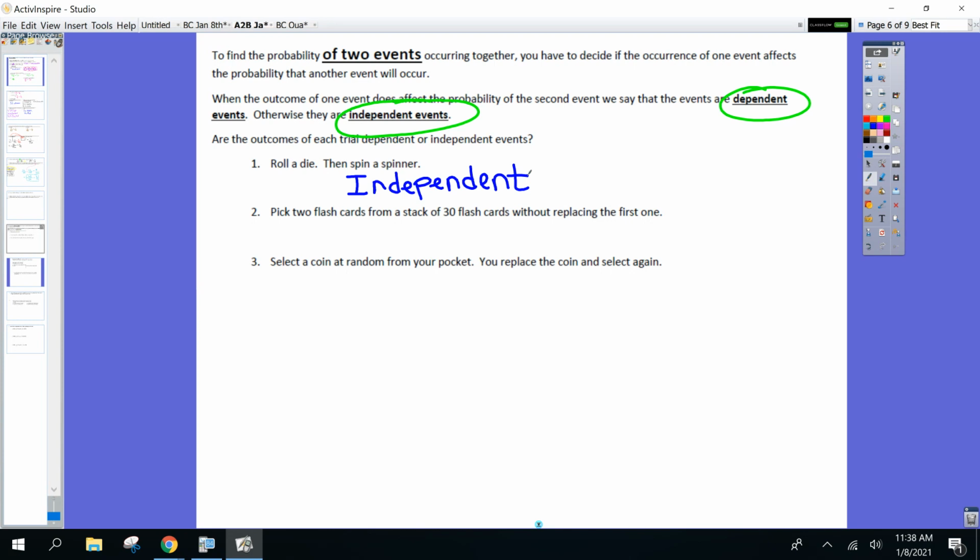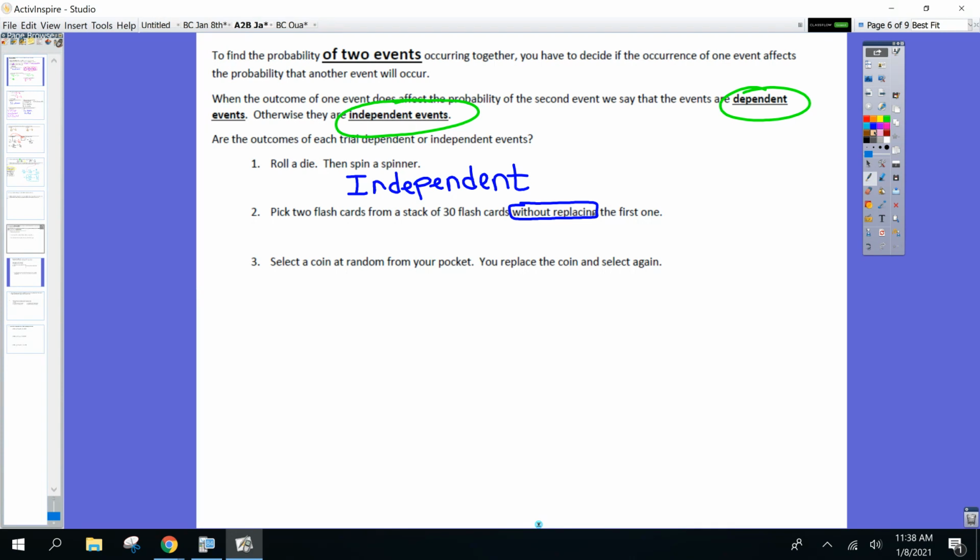All right, let's go to number 2. You're going to pick 2 flashcards, but you're not going to replace the first one. So I pick the first flashcard. Is the outcome on the second one affected by me not putting it back in? Yeah. Why is it affected?